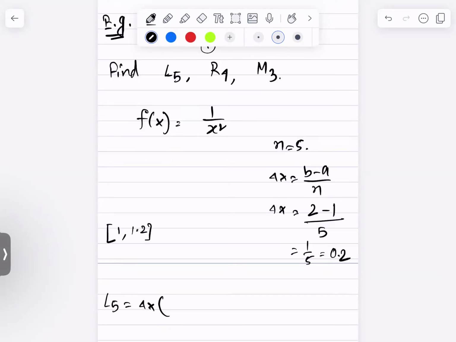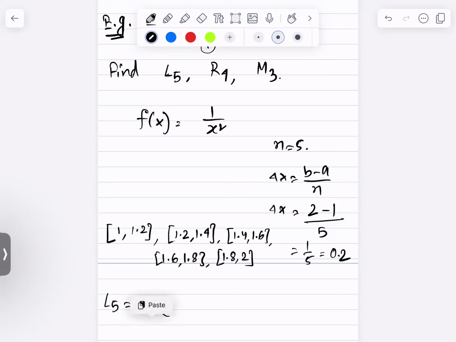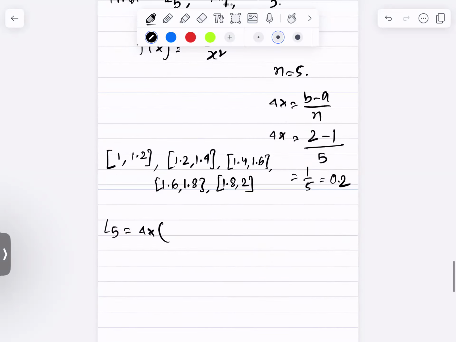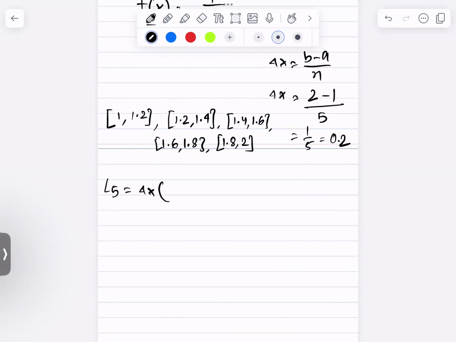Because that is the small little nudge on the x-axis. The next subinterval should be 1.2 to 1.4. The next one, 1.4 to 1.6, 1.6 to 1.8, 1.8 to 2. So there are 5 equal subintervals, each of length 0.2.